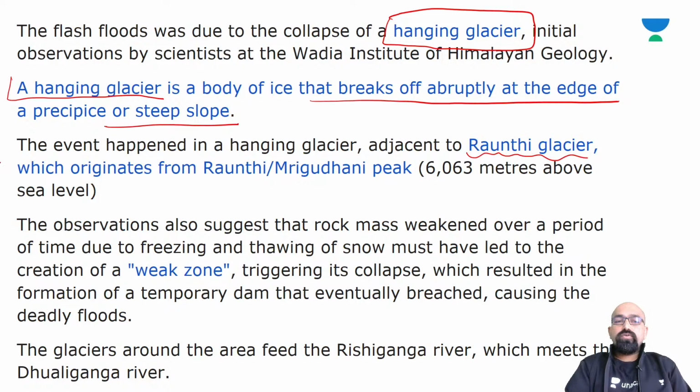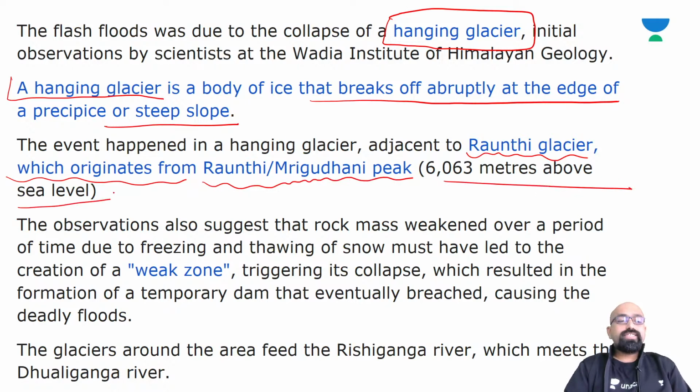Ronthi Glacier, which originates from Ronthi or Mrigudhani Peak, which is 6,063 meters above sea level.